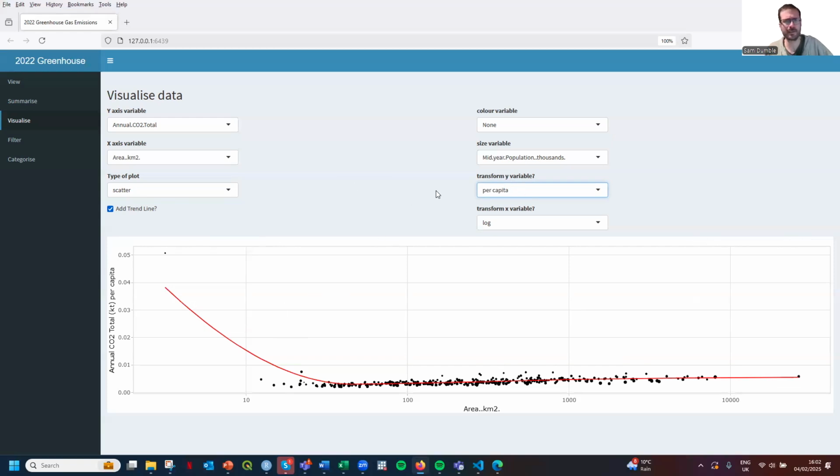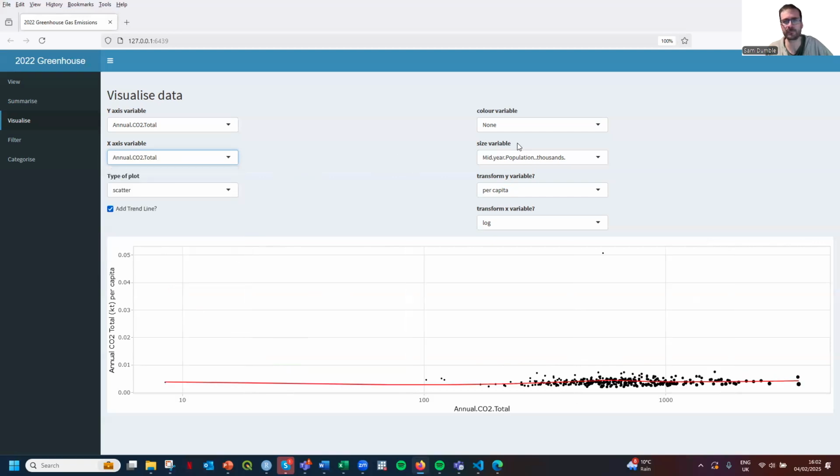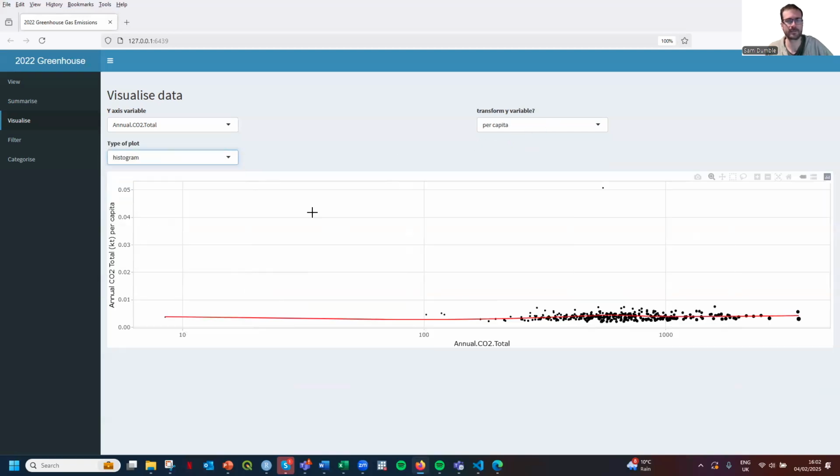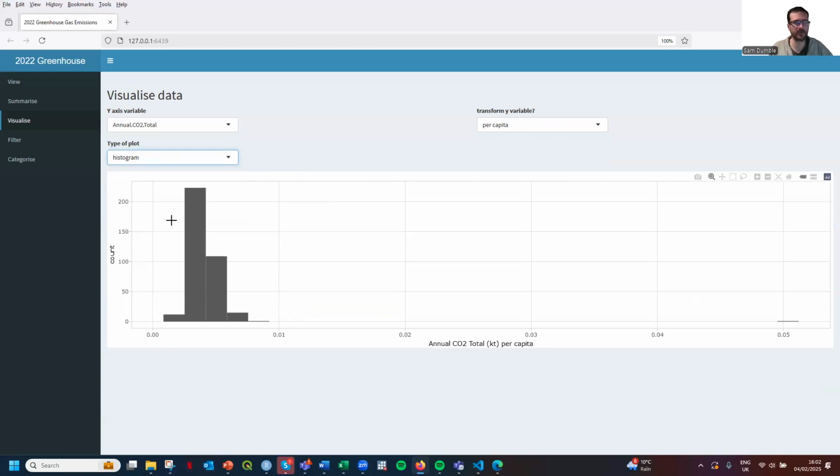So let's take a little step back to go back to a histogram of just the CO2 per capita. And here we can see we've got a very nice squashed distribution where nearly all of my counties are when I'm looking at CO2 per capita. And then one strange point off in the distance here.